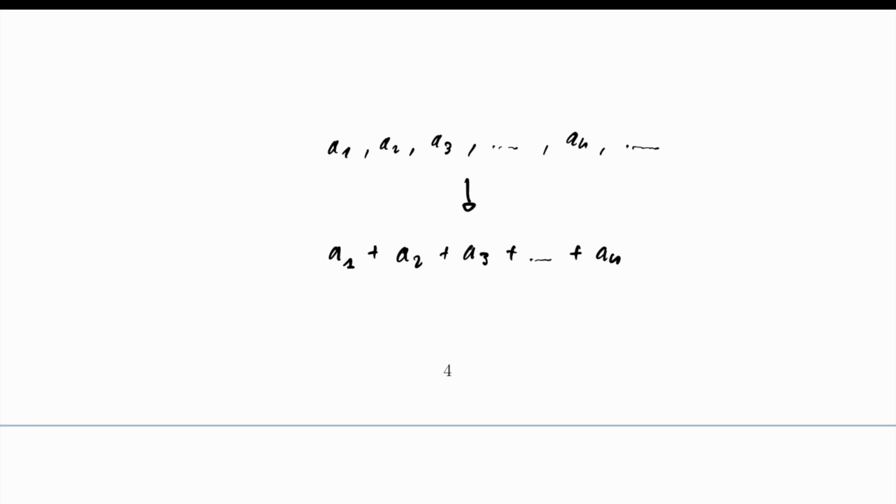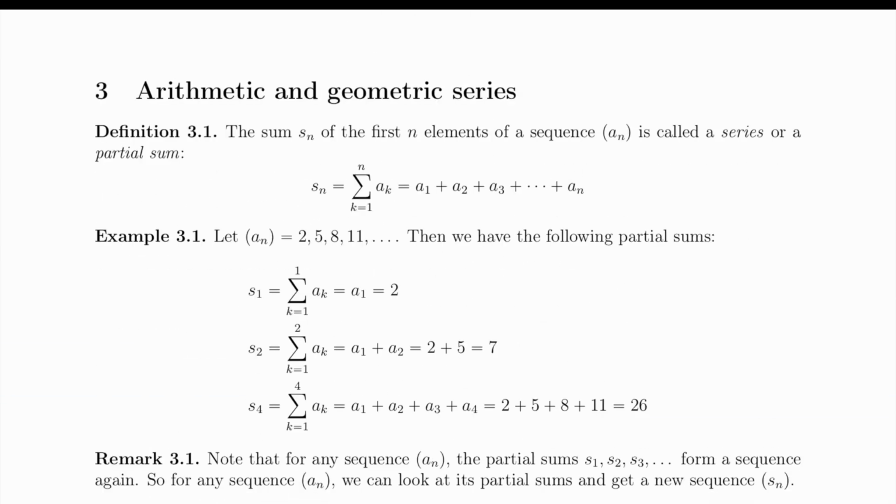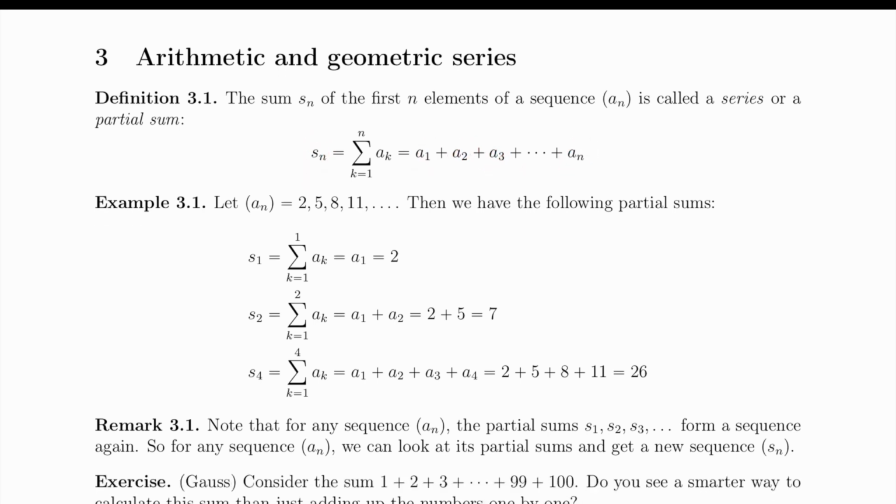But if you stop at An, we call this Sn, so the sum of the first n elements. And that you see here as well. Sn here is just A1 plus A2 plus A3 plus An, so we stop at An.